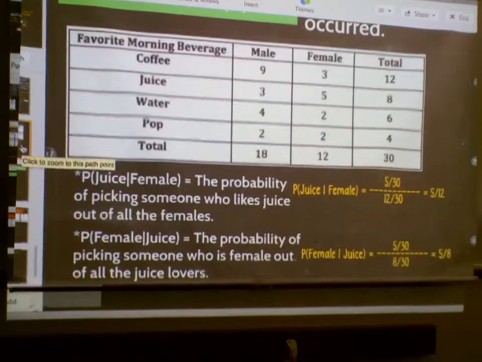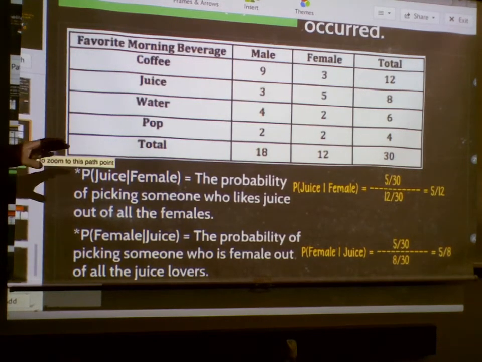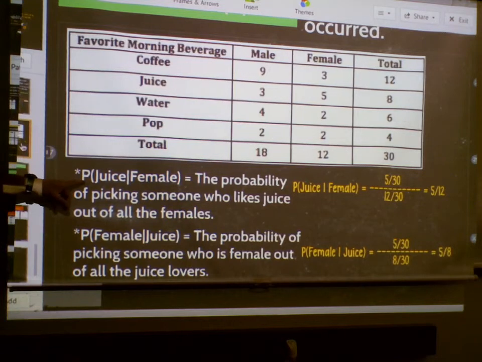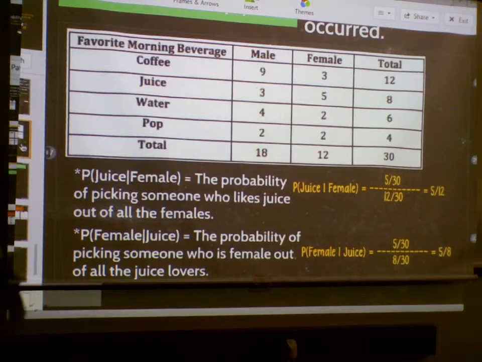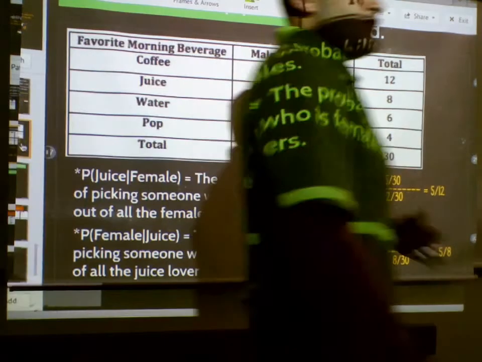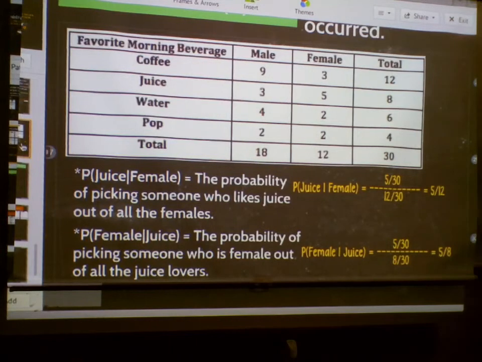So here's the data about morning beverages that I collected fictitiously. I just made it up. This first probability here: probability of juice given female. Think about this scenario. I'm going to invite all 30 people in the survey into my room.